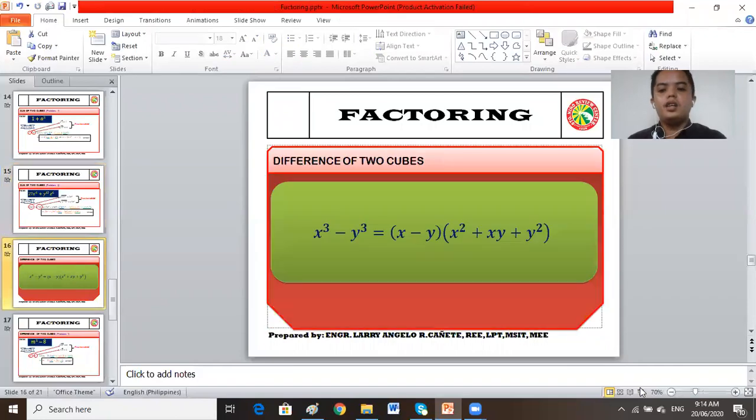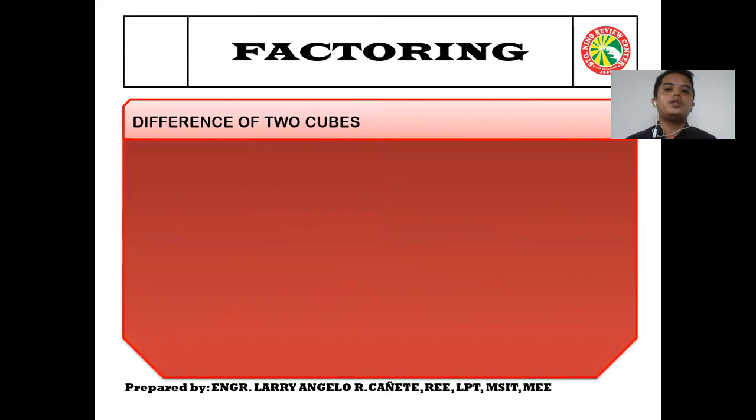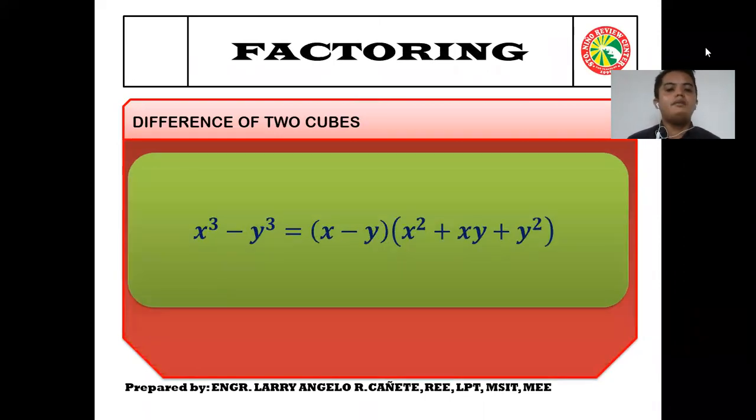So let's proceed now with the difference of two cubes. So this time, minus. So same, first is the cube root of this first term, x cubed, and then this time minus here, and then the cube root of y cubed.